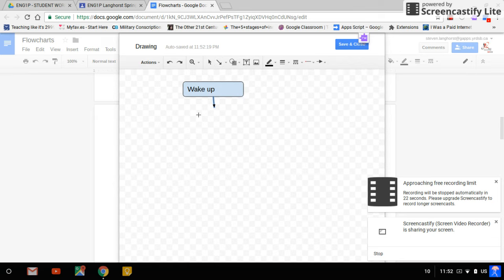And what's the first thing you do? Some people, it doesn't matter when or how they're waking up, they shower. So that's a process. That's something you do. But keep in mind, you are going to also have decision boxes. So you can go from here into another shape, and there are diamonds if you look around.